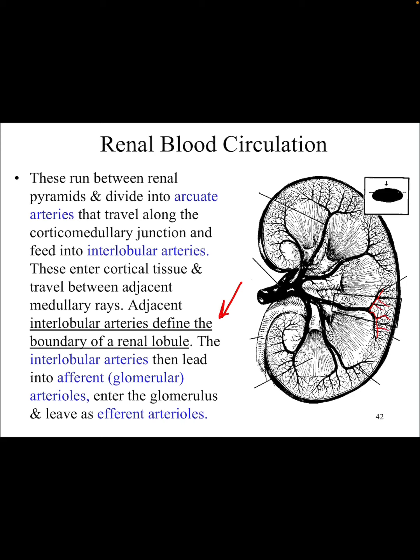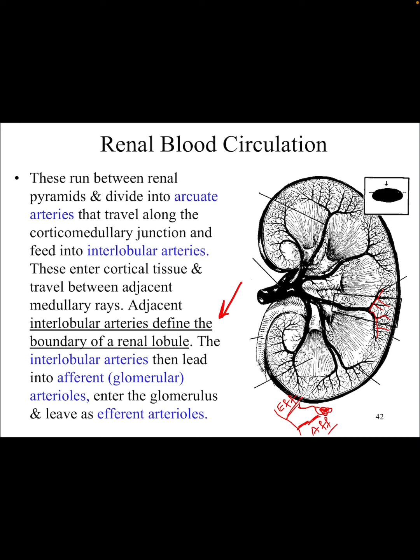So we reach this level here, and all of these are the interlobular. Then the interlobular will give us a branch, which is the afferent arteriole, and this afferent arteriole will give us the capillaries that go inside the renal corpuscle and exit as the efferent arteriole.